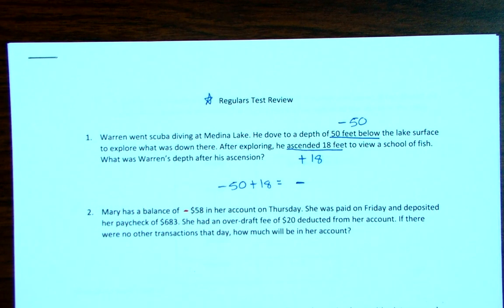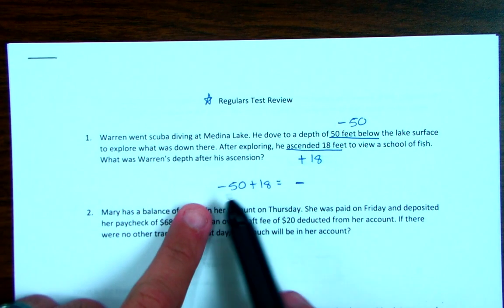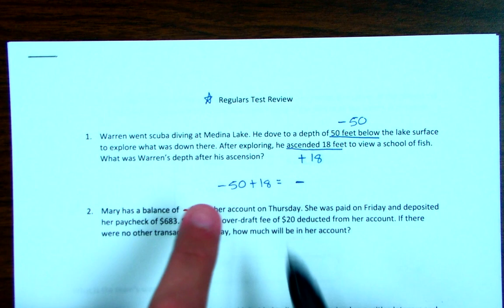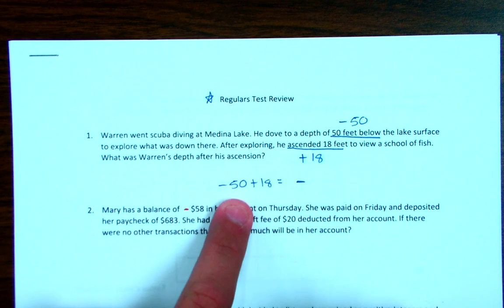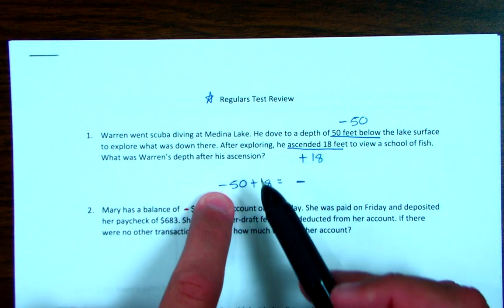And now we're going to go into our process for adding and subtracting integers. So what we taught the kids was, which unit is bigger, the 50 or the 18? The 50 is. Since the signs are different, keep the sign with the larger unit. So I kept the negative sign.